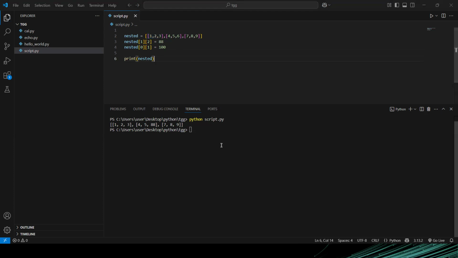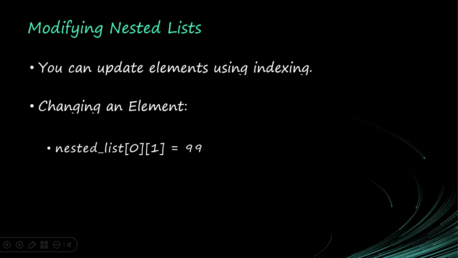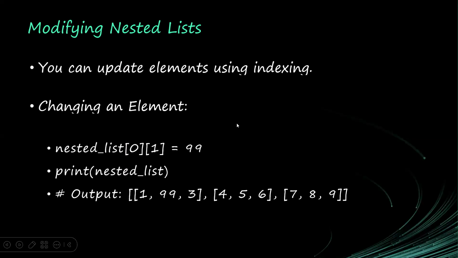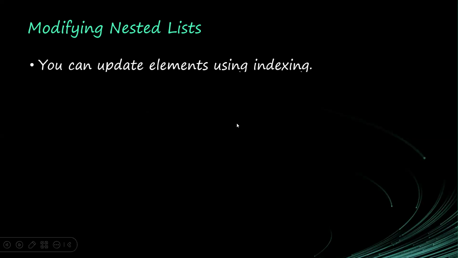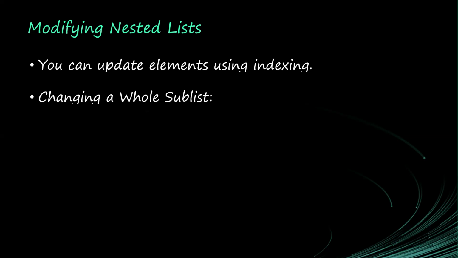If I save and run this code, you can see that 2 has been replaced by 100. So this is how you modify, just the way you modify a normal list, but understand that you're working with double indexing, if I may put it that way. So you can update elements using indexing. You can change the whole sublist.